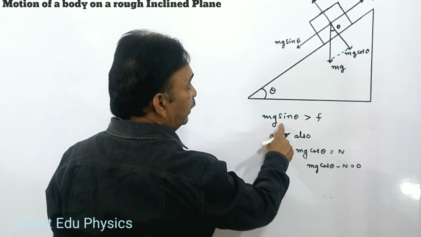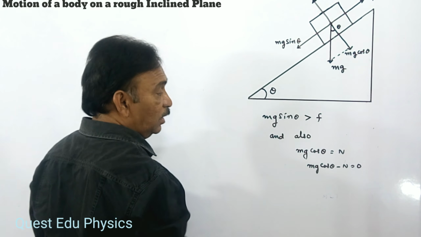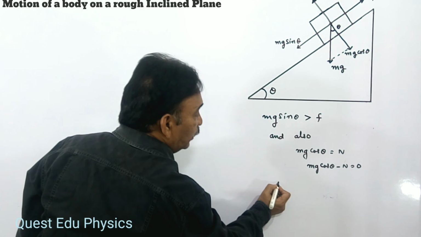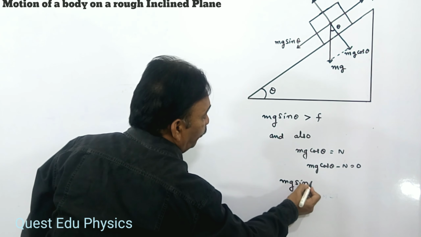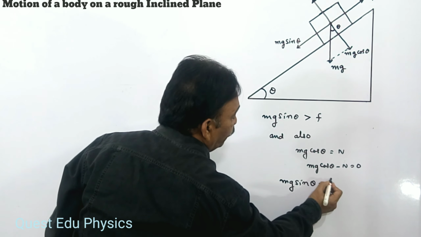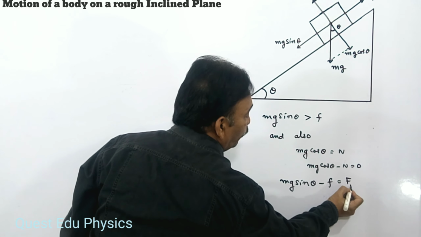In this case, I said mg sin theta is greater than the frictional force. Then the difference between the two must be a net force. Okay, students? It is equal to Fn.